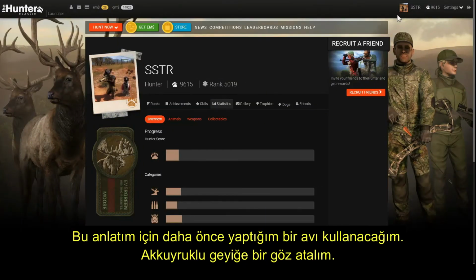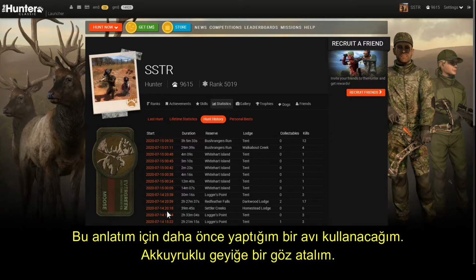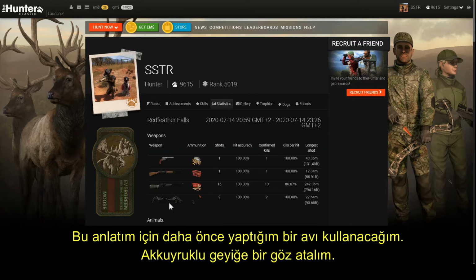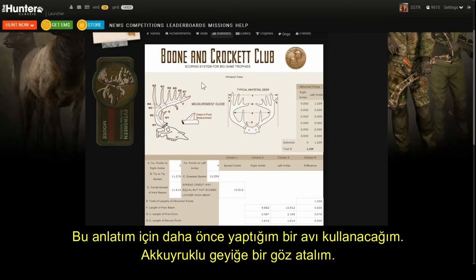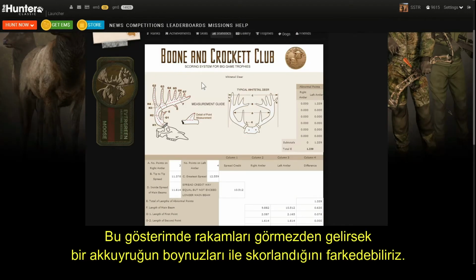For this demonstration, let's take a look at one of the hunts I made a while ago. Let's take a look at a whitetail. Okay, from this diagram, if you ignore all the numbers, you can already tell that whitetail is scored by its antler.